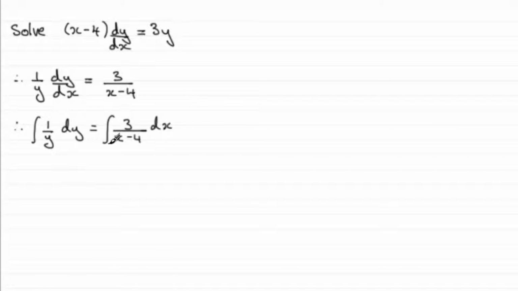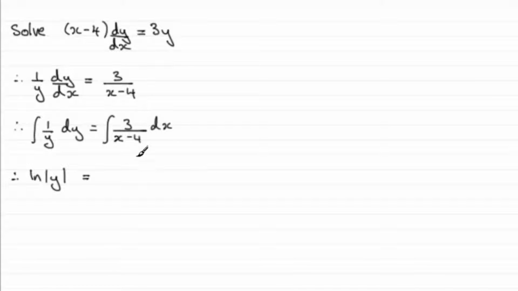Now we need to integrate both of these sides. So the integral of 1 over y with respect to y, well, that is the natural log of y, and don't forget we need to put that in a mod sign there. We'll leave out the constant on this side, we'll just group it with the constant on this side.